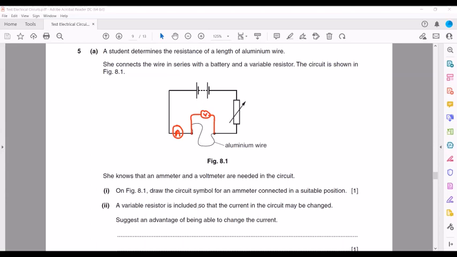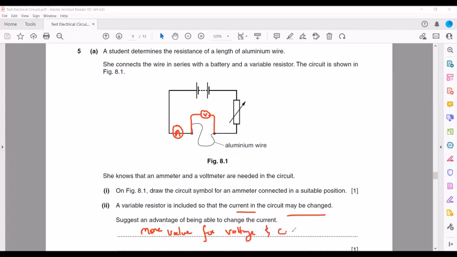The variable resistor is included so that the current in the circuit may change. What is the advantage of being able to change the current? So when we change the current, we'll have different values of voltage and current. Using this, we can repeat the experiment, so we can have more values for the voltage and the current.